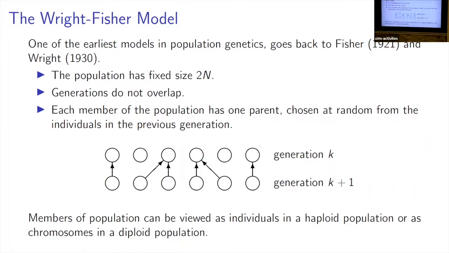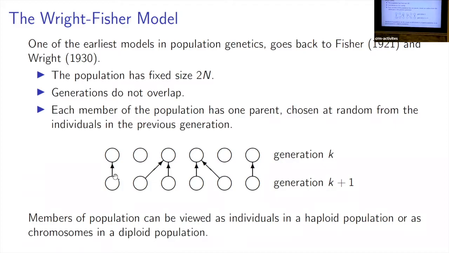And we assume that each member of the population has one parent in the previous generation, and to identify the parent, we simply allow each individual to choose its parent uniformly at random from the individuals in the previous generation. And so here's a picture in which we have a population of size 6, just looking here at 2 generations.